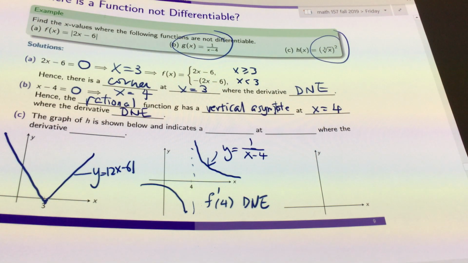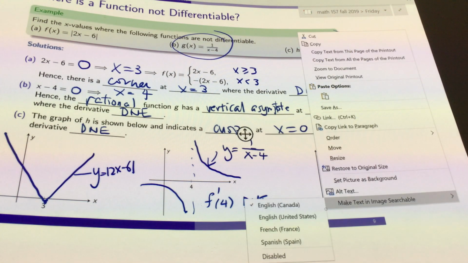This is a very bad case. This function is showing you a cusp at x equal to 0, and the derivative does not exist. I want to draw this graph. Because of the cube root and square, it's not a straight line, and it makes this shape.